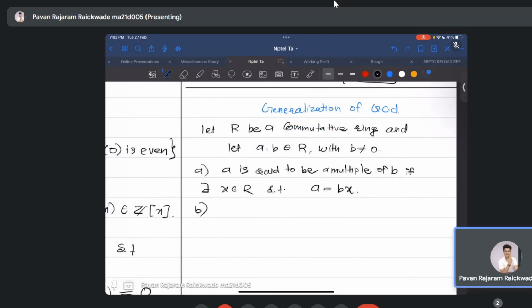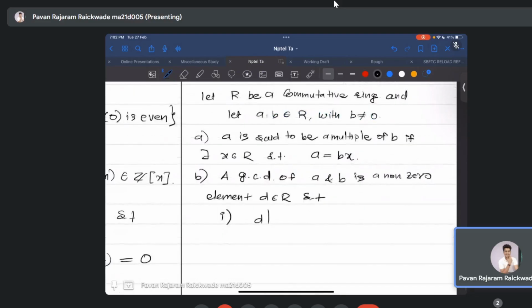Second, a greatest common divisor, a GCD of a and b, is a non-zero element d such that the following holds. First thing is, of course, it has to be a divisor of a and b.